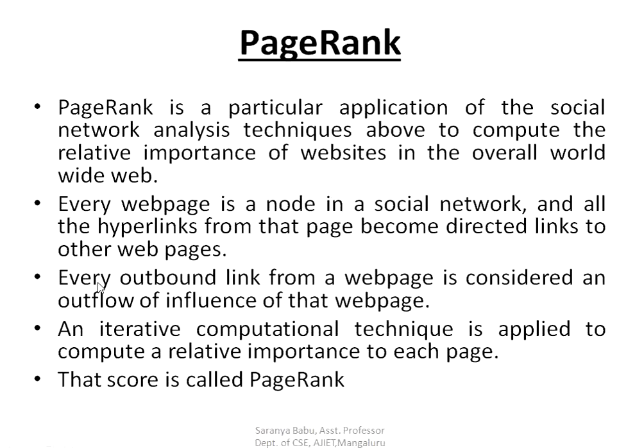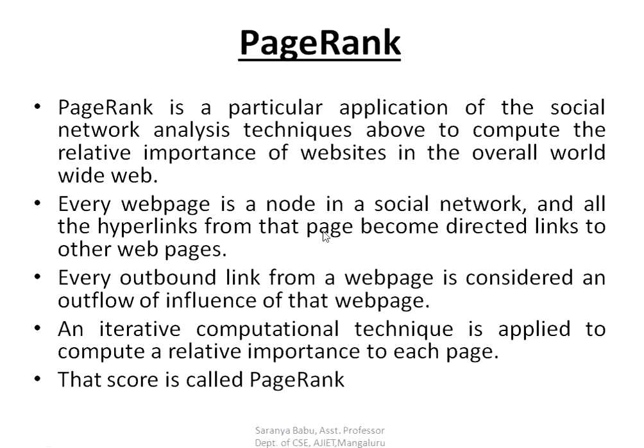Every outbound link from a page, the one which refers to another page, is considered an outflow of influence of that page. An iterative computational technique is applied to compute a relative importance for each page, and that score is called page rank. Is it clear?